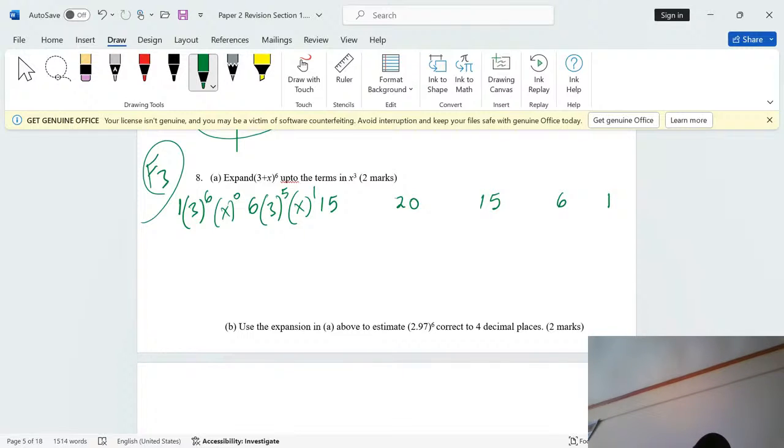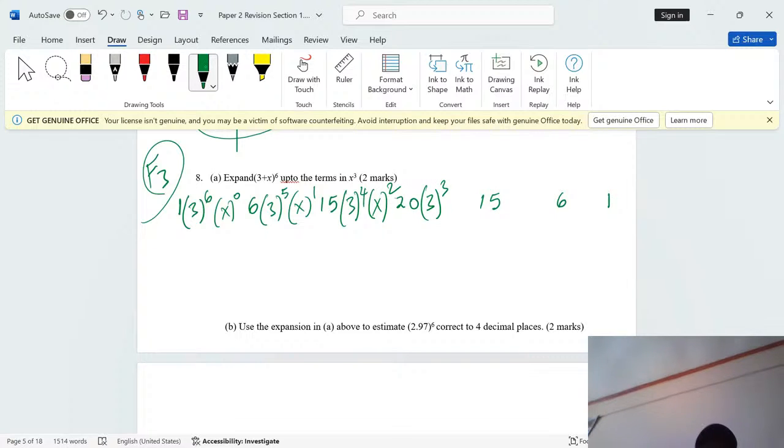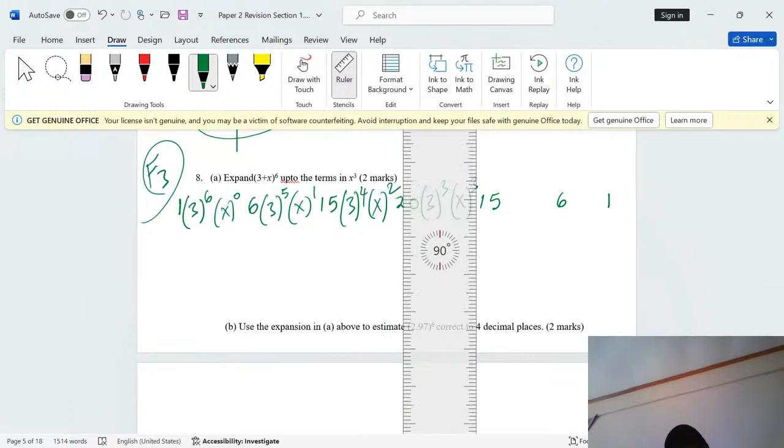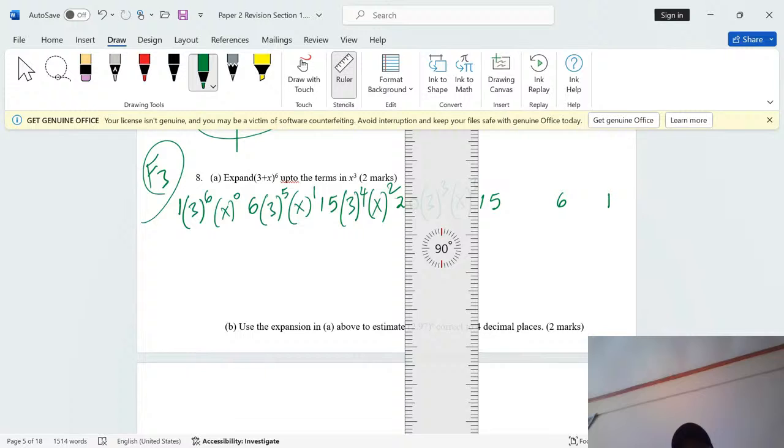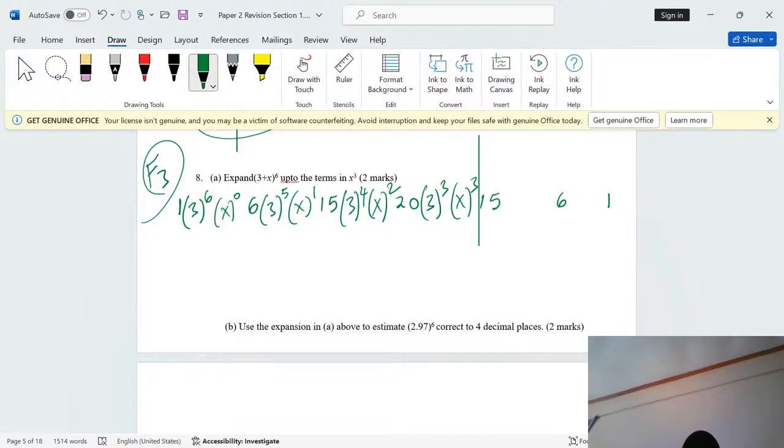So now you see the powers of 3 are decreasing from 6. The powers of x are increasing from 0. In the next term, we shall have 3 power 4 and x power 2. We shall have again 3 power 3 and x power 3 because x is increasing. And actually we have to go up to that value because we needed an expansion up to when the powers of x become 3. So we are not supposed to go beyond there.